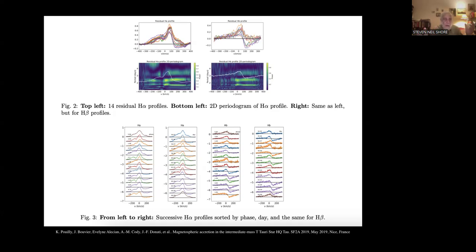Now, if you've got material that's falling onto that object, that material is not neutral. It's going to be ionized by the X-rays that are coming from the accretion and from the disk. And so that stuff is going to channel onto the poles. It's not going to simply drift in because the field is going to drape into and connect with the background.